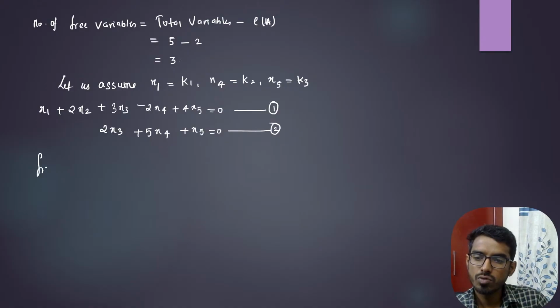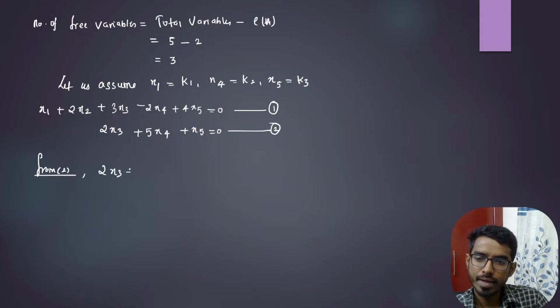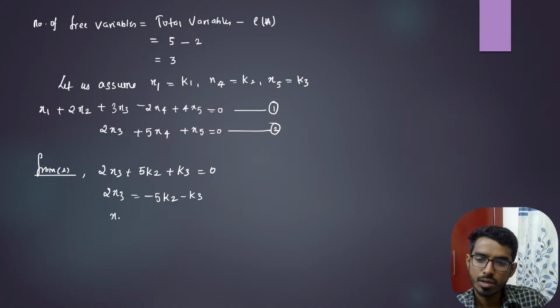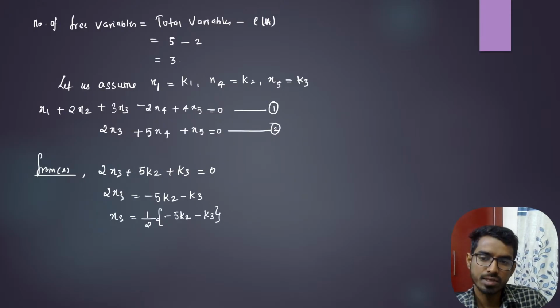So from equation 2, 2 times x3 plus 5 times x4, where x4 is k2 and x5 is k3, equal to 0. So 2x3 is minus 5k2 minus k3. So x3 is 1 by 2 times minus 5k2 minus k3.